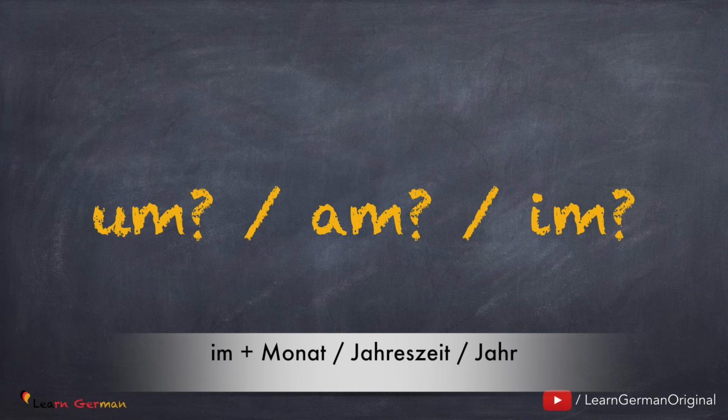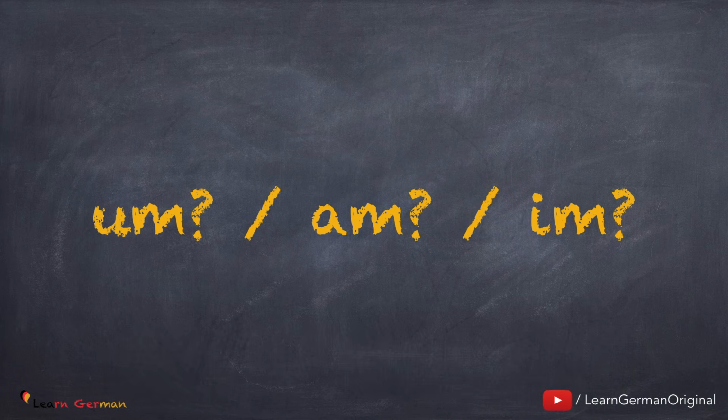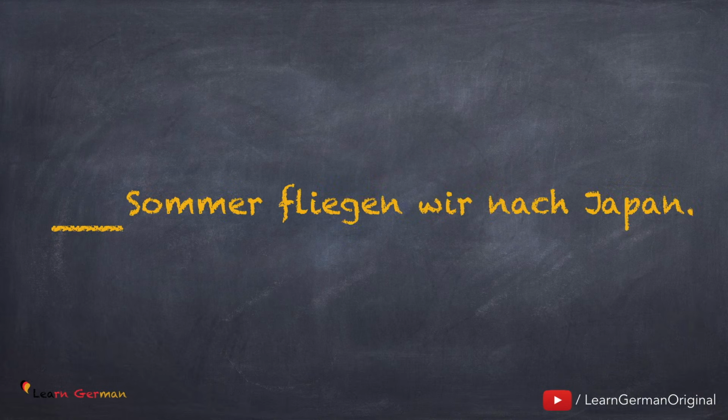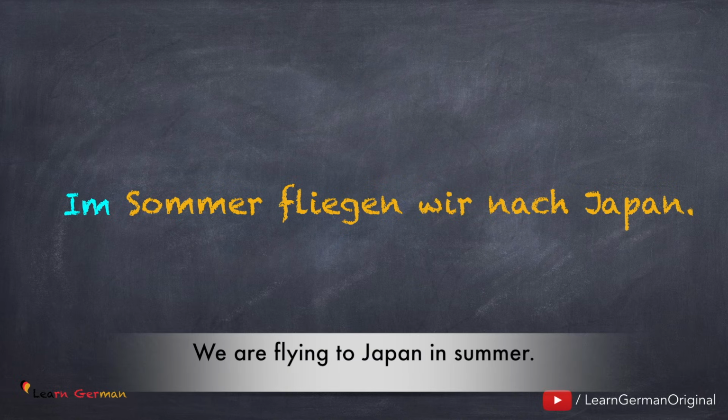Im is used with month, season, or a year. So here's the first one. Since summer is a season, you would say, im Sommer fliegen wir nach Japan.